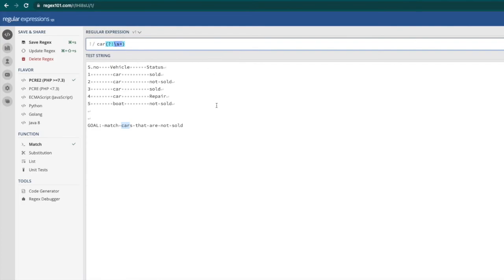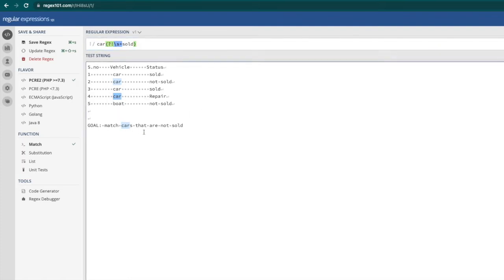And then what we don't want is sold. Ignore this one, it is just the problem we are tackling. Look at that. The car in the second line matched and the car in the fourth line matched.